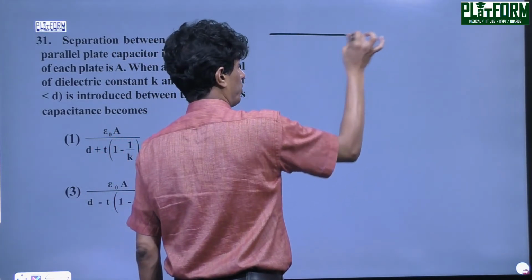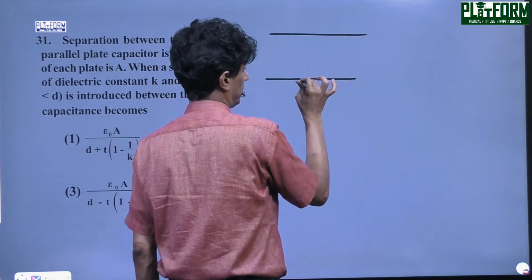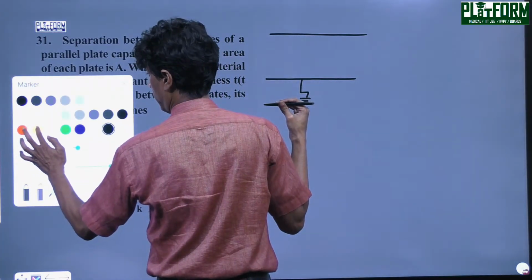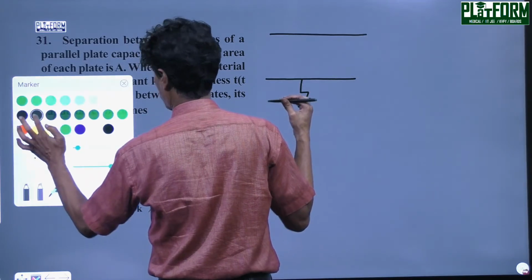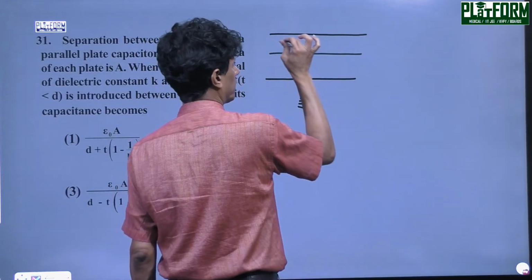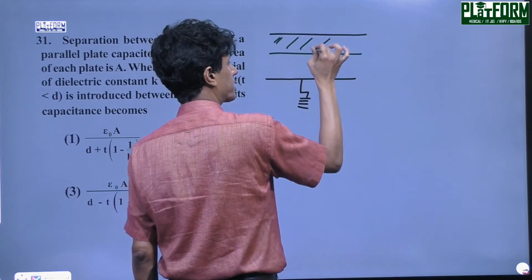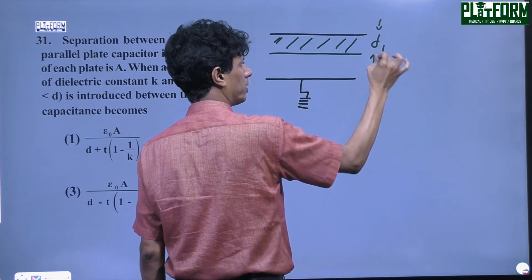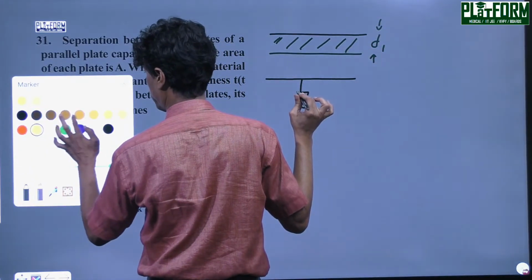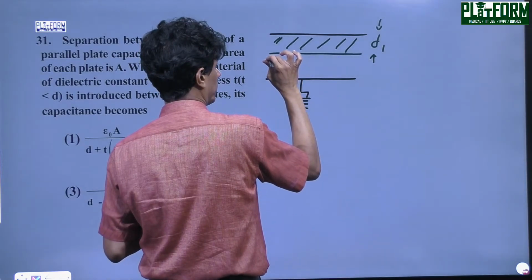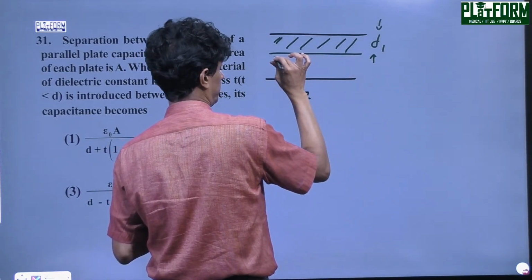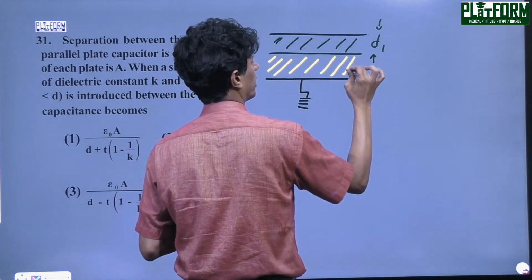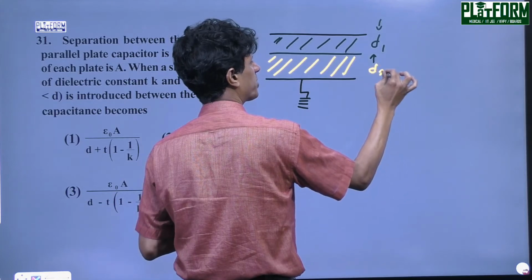One important formula: let us say it is one capacitor, and in some portion a dielectric of thickness D1 is inserted, and in some portion a dielectric of thickness D2.